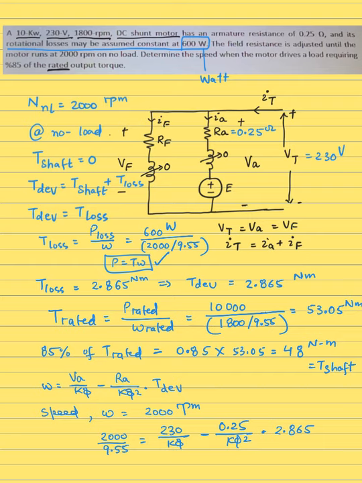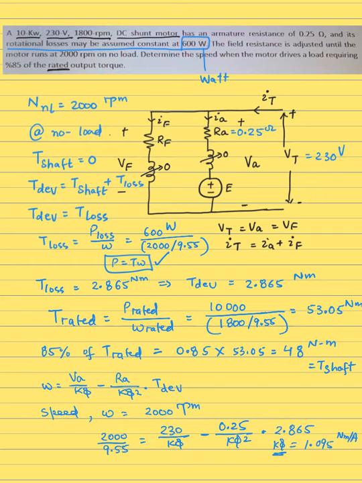Okay guys, we gotta make sure that they are corresponding, so you're not getting any other T. It's the T developed under the situation that we're using the speed as 2000 RPM under no load. So you can see that it's one equation and one unknown, but this is going to be a quadratic equation. Okay, and the K phi we calculated from this quadratic equation, and the one which is useful is 1.095 Newton meters per ampere, and you saw it using as a volt second as well, and that's fine too. Okay, so we calculated K phi.